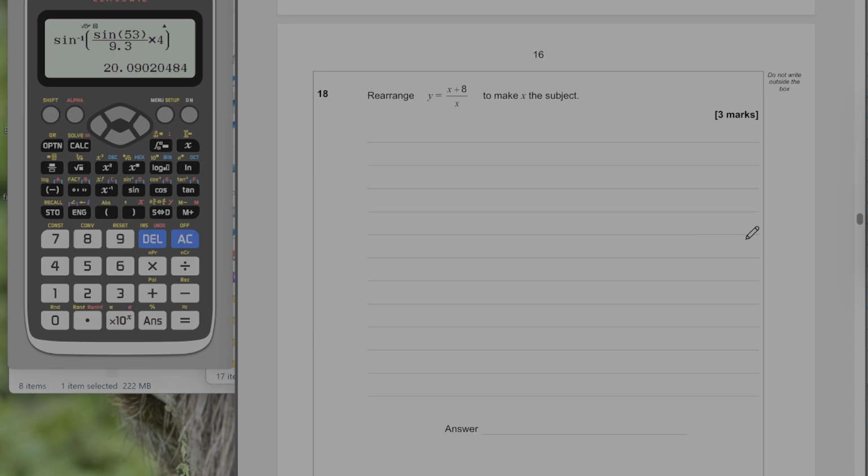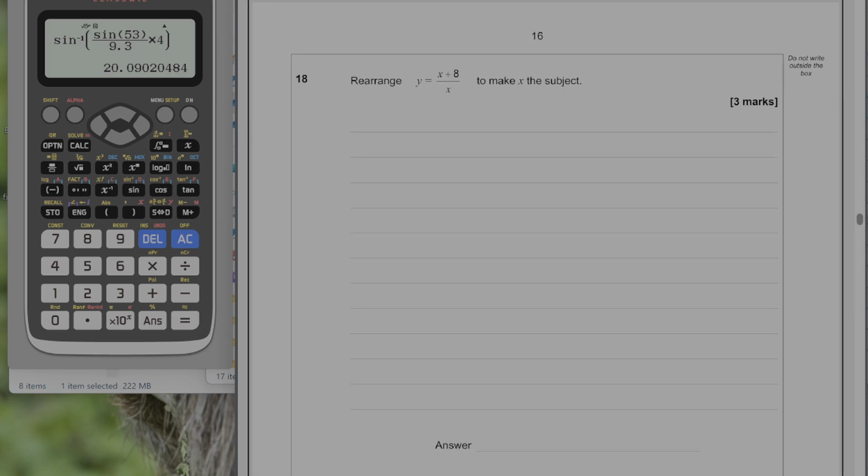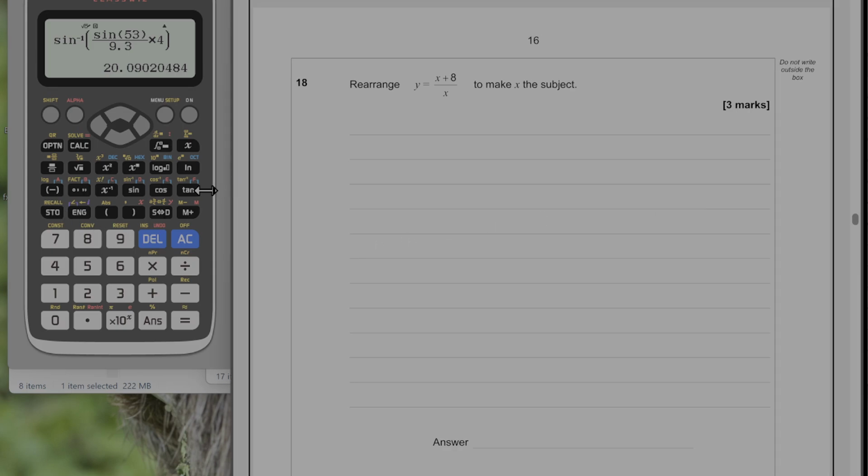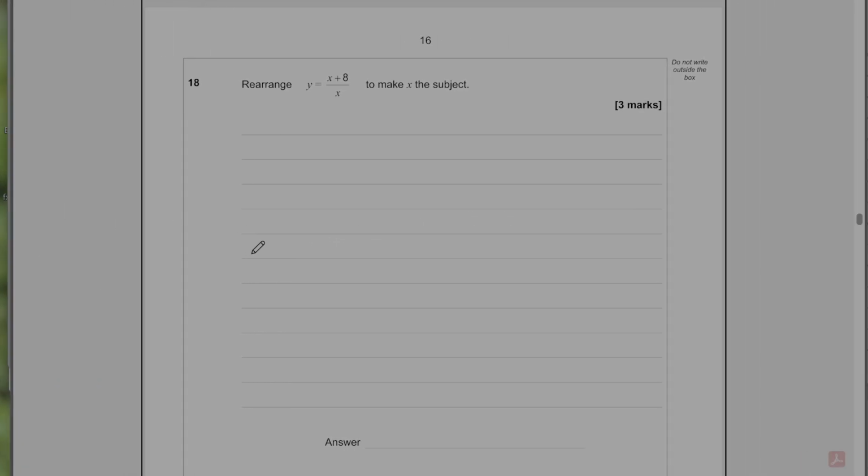Okay, question 18. Rearrange to make x the subject. Right, so we've got x appearing twice, which is nice. My first step is going to be to multiply both sides by x. That would give me xy is equal to x plus 8. Then I'm going to take all parts containing an x and factorize over here.